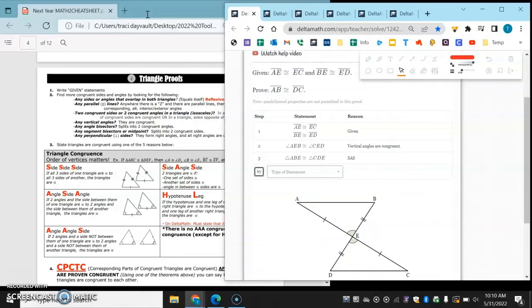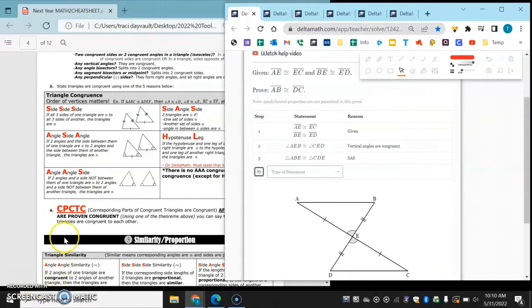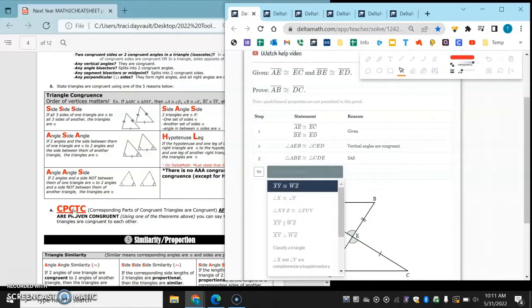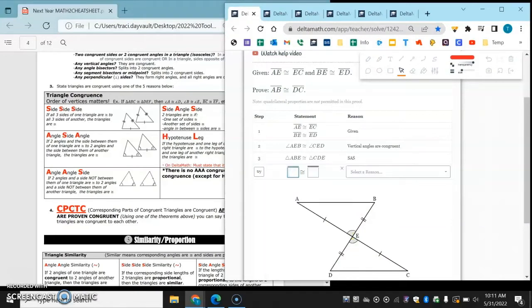Next, now that we know that these 2 triangles are congruent, after we have used one of these 5 theorems, we can say that parts of those 2 triangles that correspond to each other would have to be congruent. A lot of times, CPCTC is going to be the very last step. Now that I know these 2 triangles are congruent, AB and DC would have to be congruent segments. I could basically just copy what it says up here.